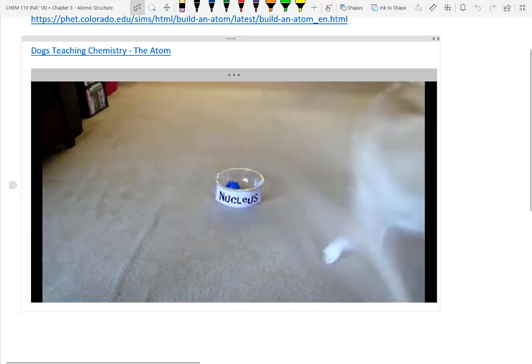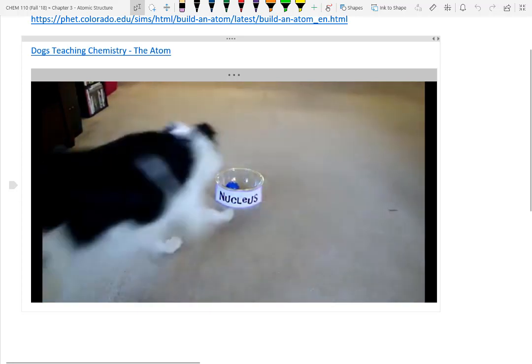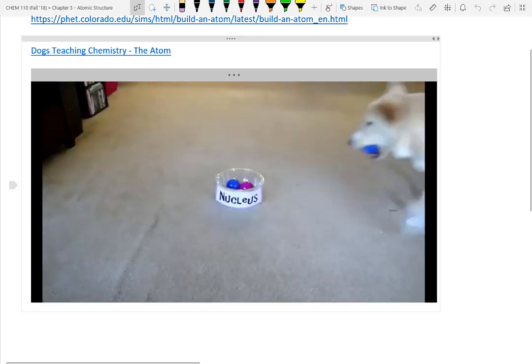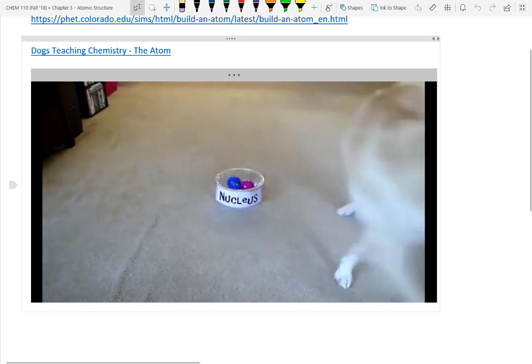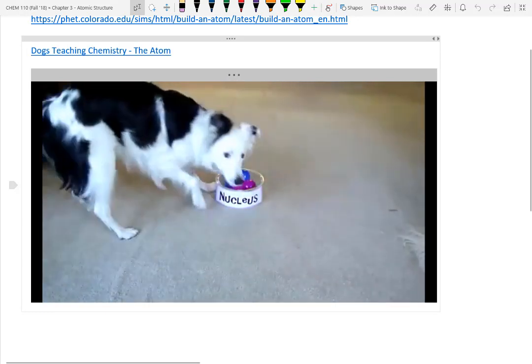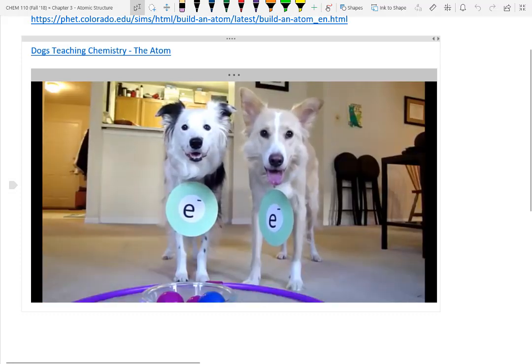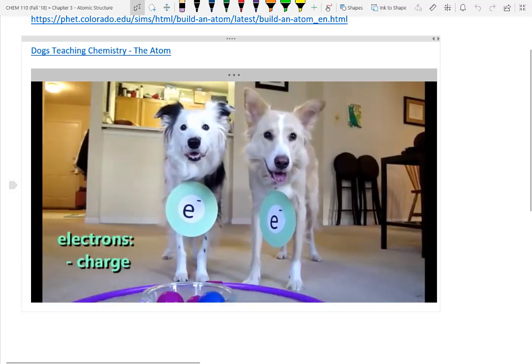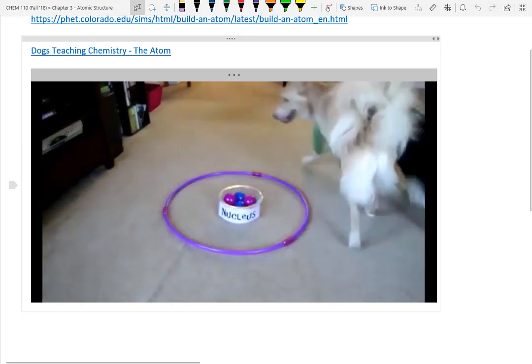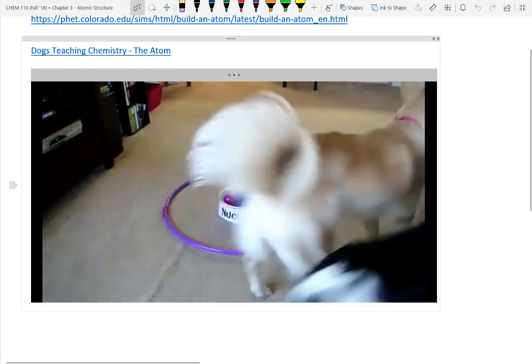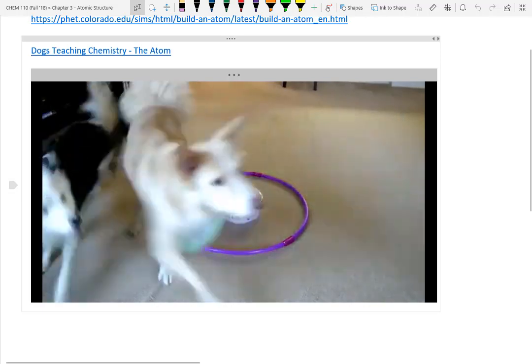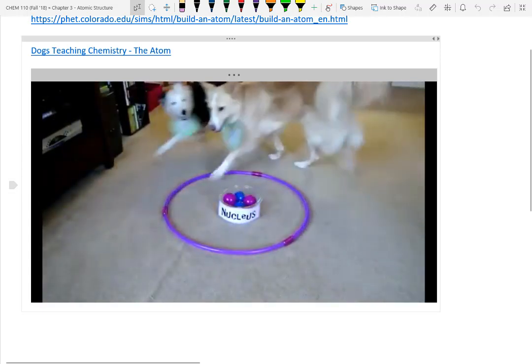Protons and neutrons are located in the center, or nucleus, of the atom. Electrons move around the outside of the nucleus and are negatively charged. Electrons move about so fast that they form clouds that surround the nucleus of the atom.